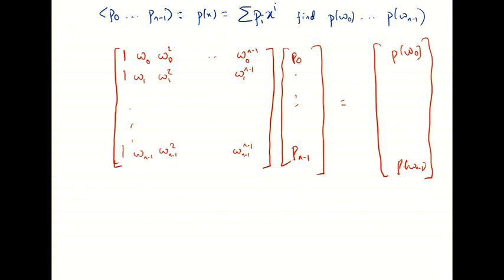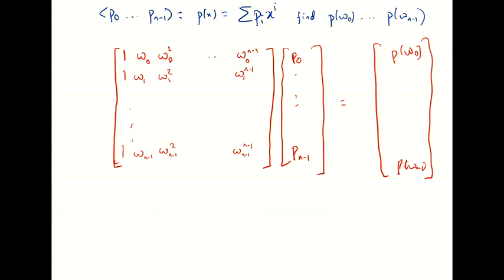So what did I do here? I just wrote what it means for P of omega i to be, what is P of omega i in terms of the coefficients given to us in matrix notation, right? I'm just rewriting the formula for polynomial evaluation in matrix notation.